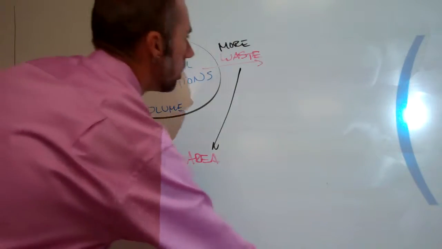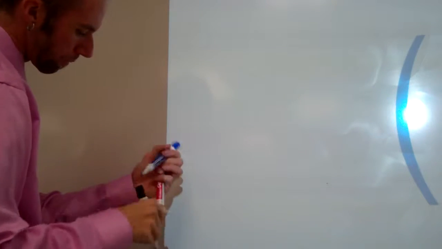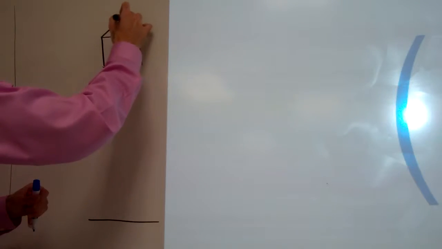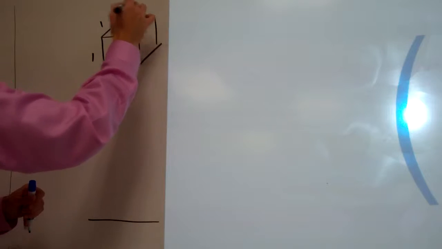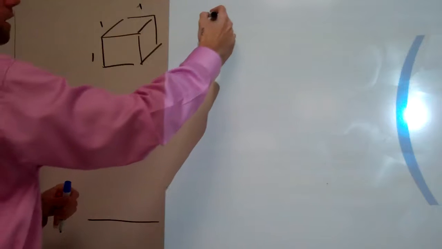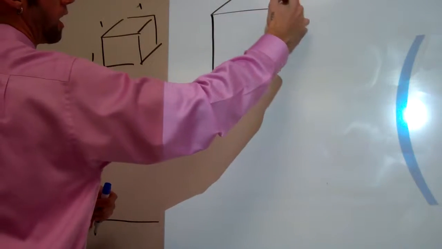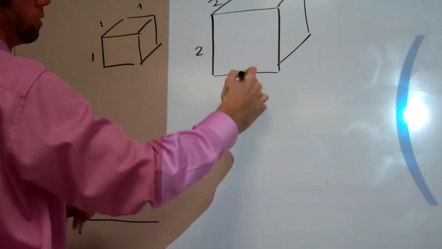So let's take a look at a more specific example from the experiment we did the other day. So we had some cells, these agar blocks, and we had one that was 1 by 1 by 1, and then we had another block that, we could say, we doubled the size to 2 by 2 by 2.